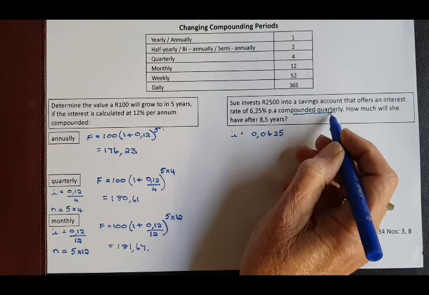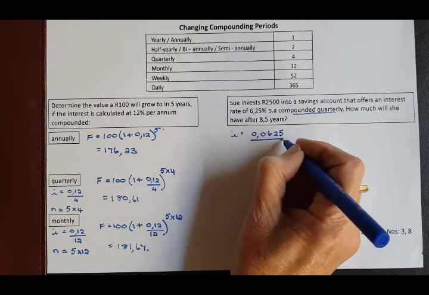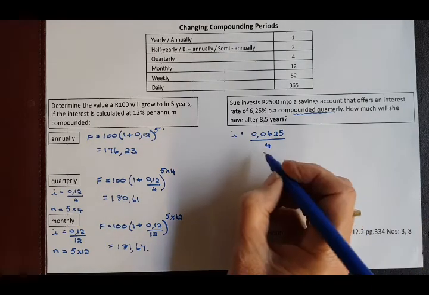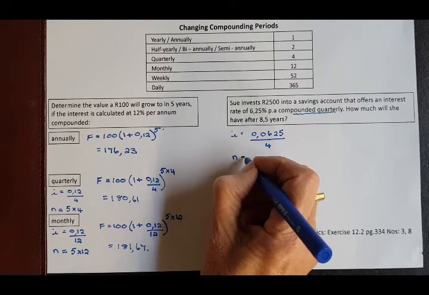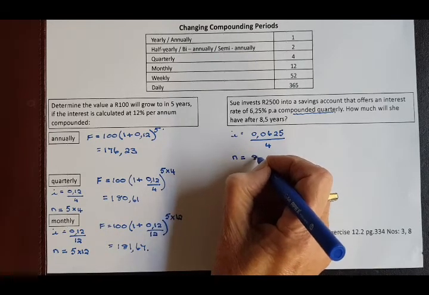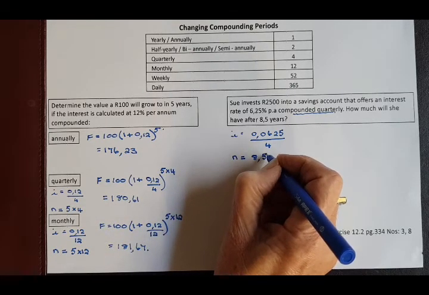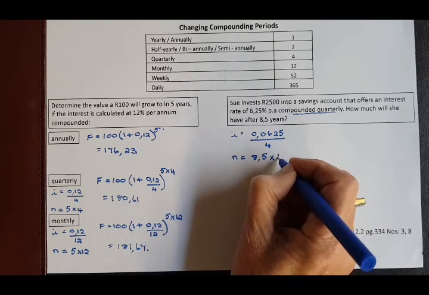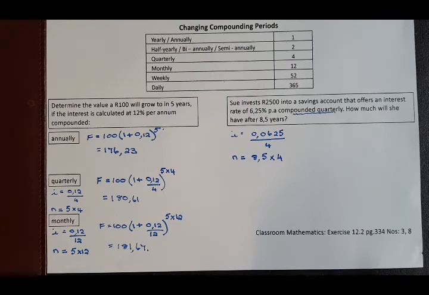We are compounding that quarterly, so our quarterly interest rate becomes 0.0625 over 4. Our number of calculations, well, it's 8.5 years, and we are doing 4 calculations per year.